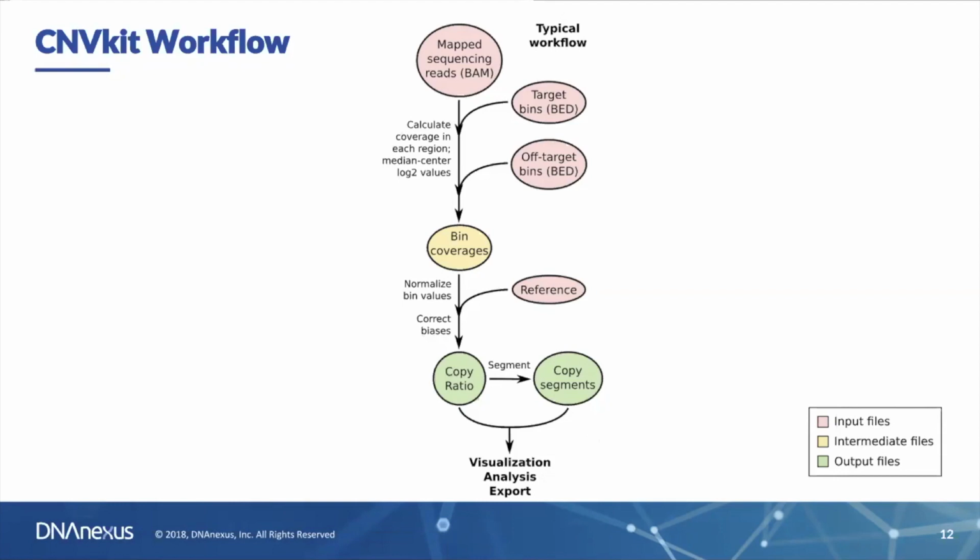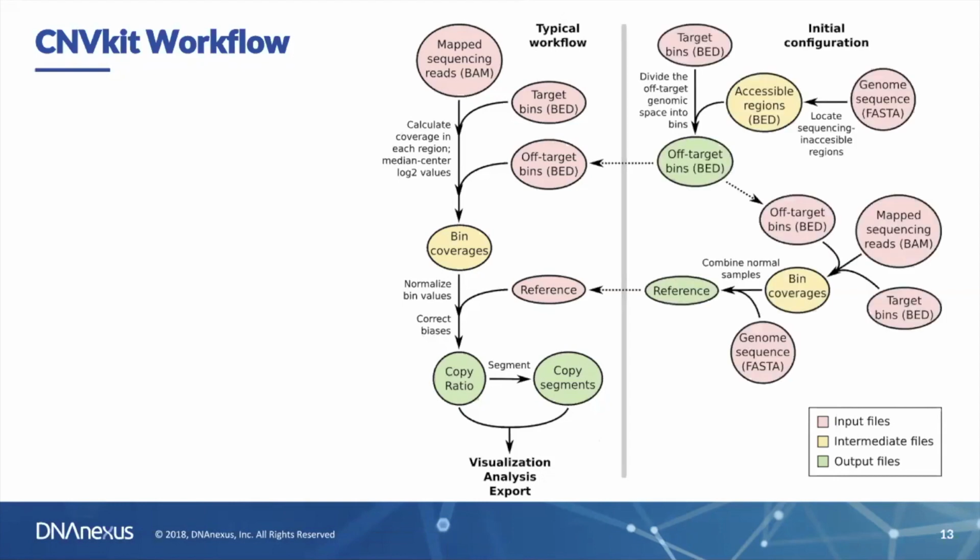All right, now I think we're ready to get to the parts that I skipped over. There's an initial configuration step that you can go into as much or as little as you'd like to when running the CNVkit app or the software itself. Starting with the target bins again, the capture region bed file from your vendor.